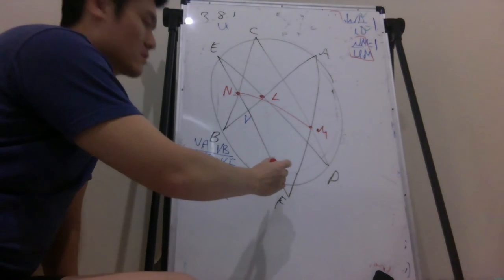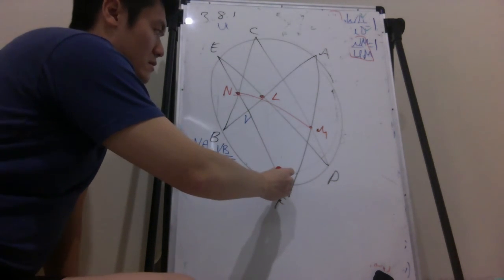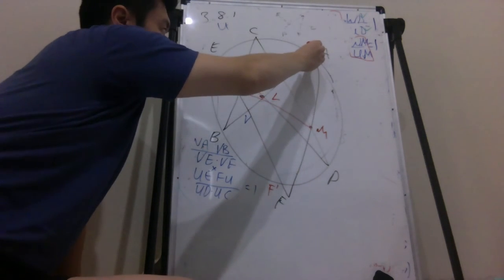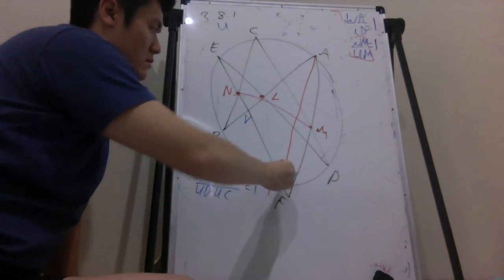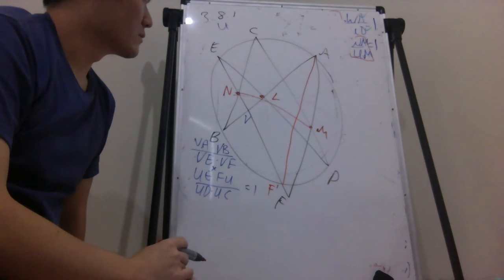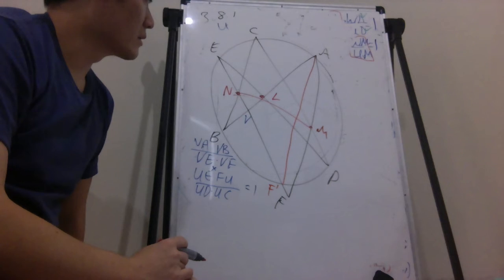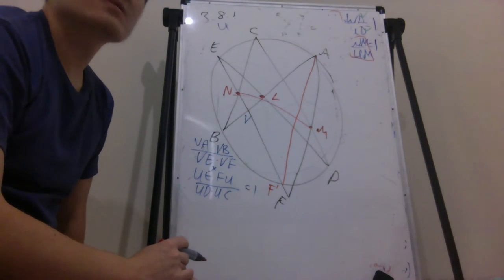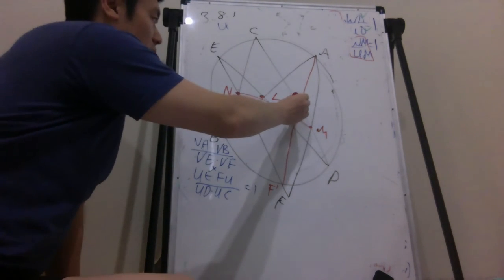F prime. You can join that to A, say. You see? And because it lies on the circle, the intersection has to be collinear.